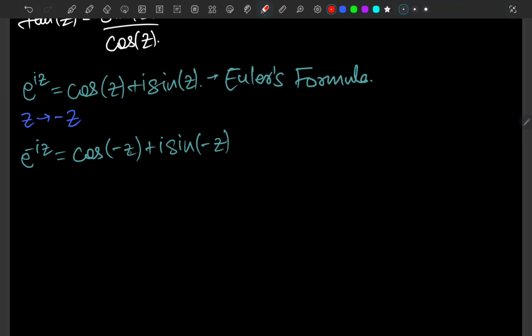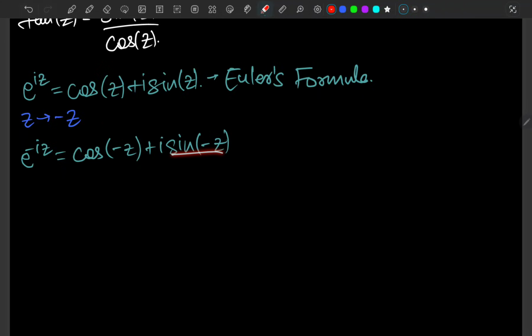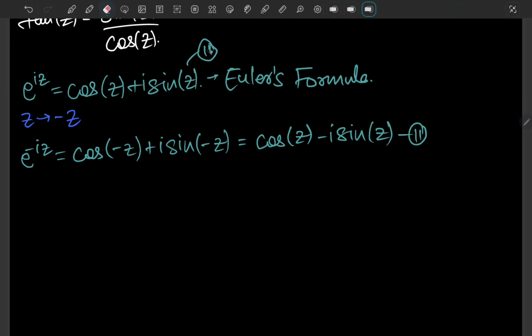And we know that cosine of minus z is just cosine of z, and sine of minus z is minus sine of z, because the cosine function is an even function and the sine function is an odd function. So from here it is equivalent to cosine of z minus i times sine of z. Let this be your first equation and this your second equation.